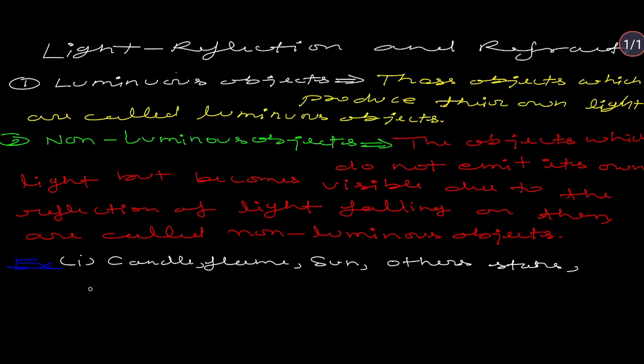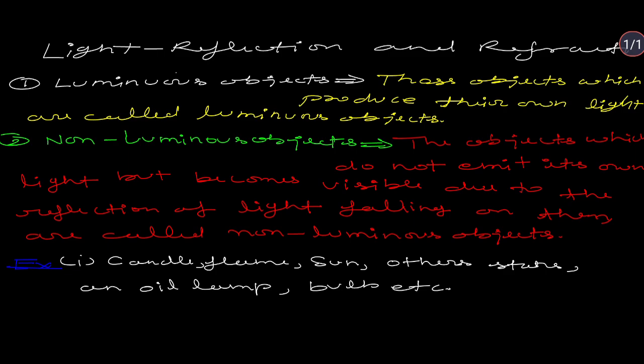And an oil lamp, bulb, etc. And for the second, examples of the non-luminous object are this table, chair, and the moon.